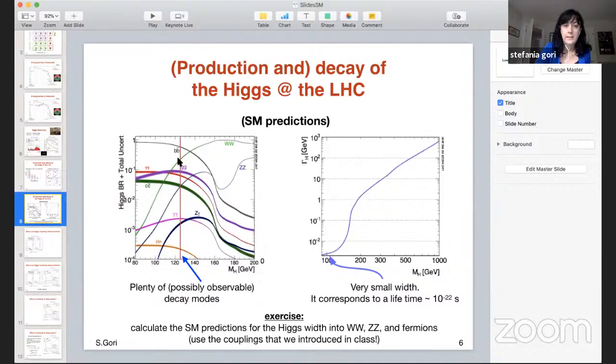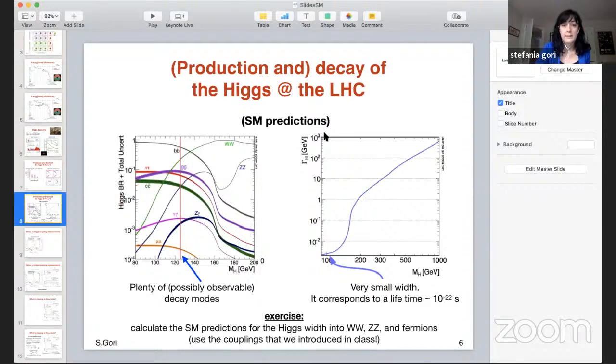Then we have the Higgs decay to WW, tau tau, charm, Z boson, gamma gamma, Z gamma, mu mu. So we have all of these that can be measured by the LHC, and we have very precise predictions from the standard model Lagrangian. Okay, so this is what we see in this plot.